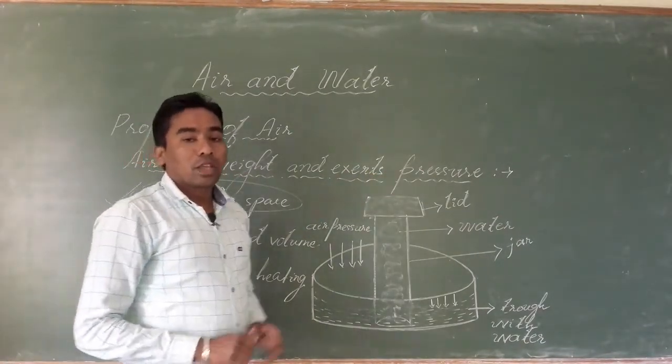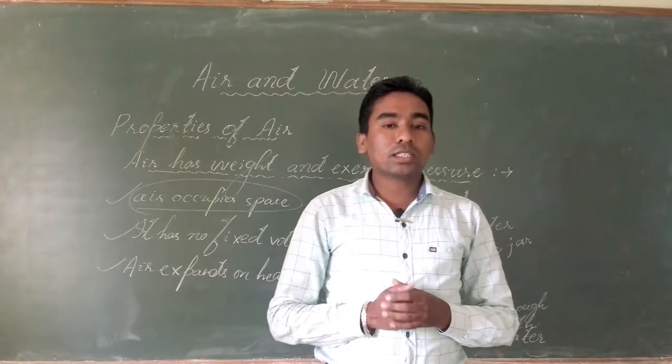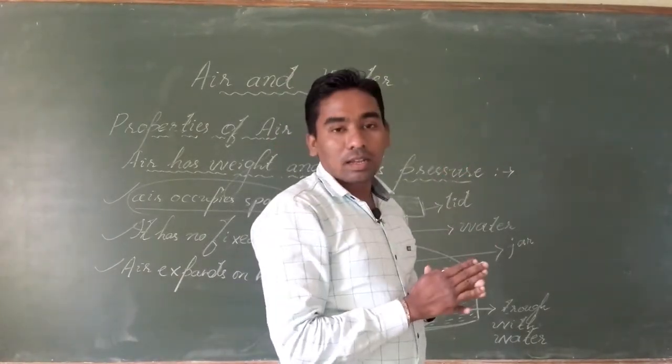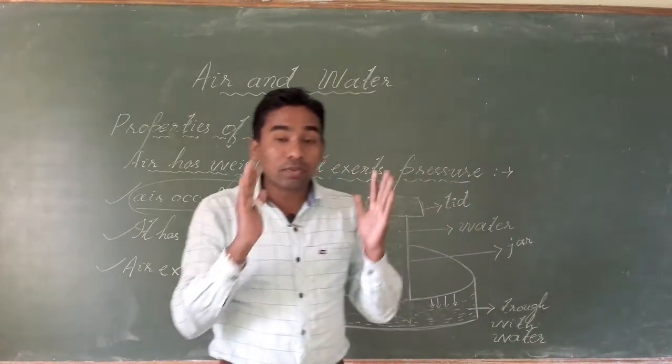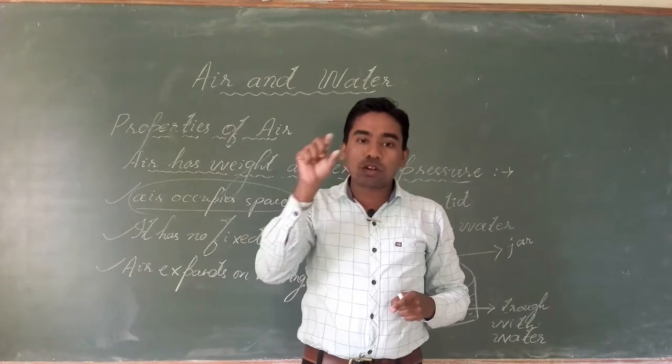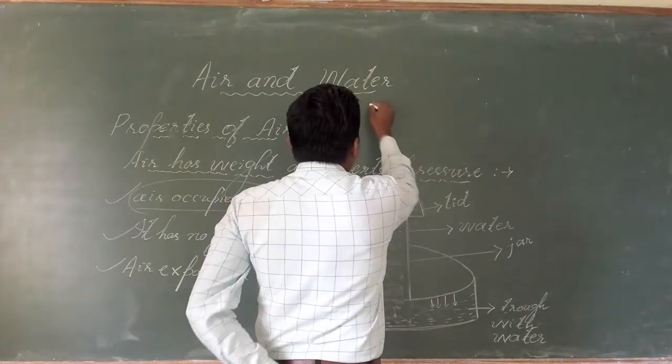One interesting fact: you can see different hoardings on your roadside having different advertisements. Inside the big hoarding, you can see small holes like this. Suppose this is the hoarding.